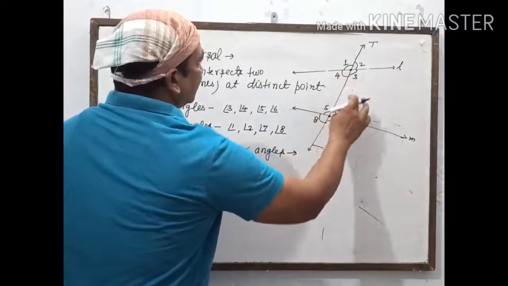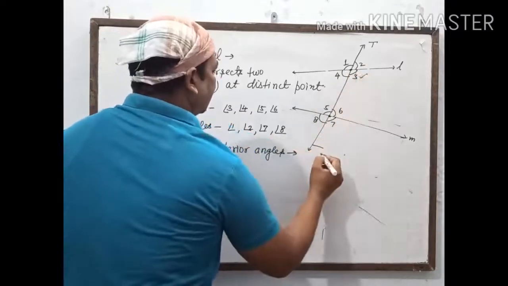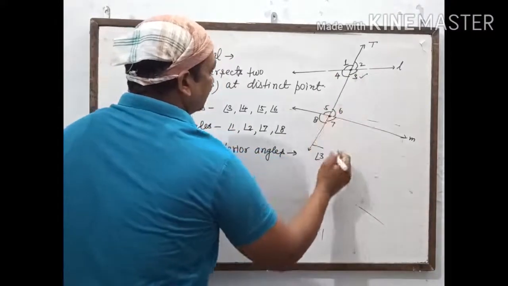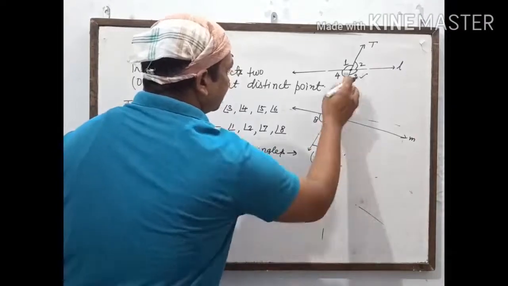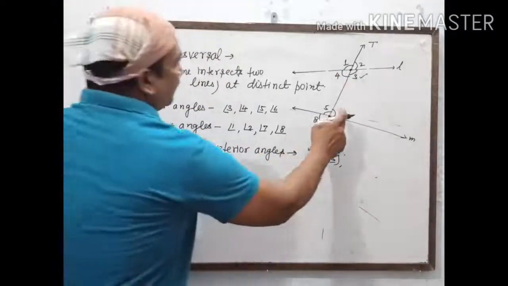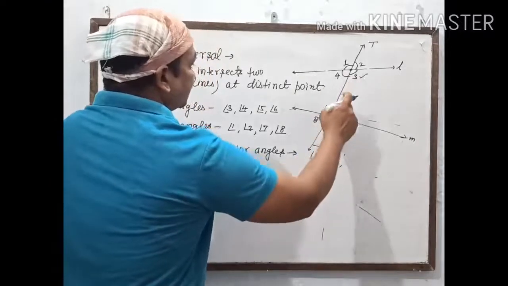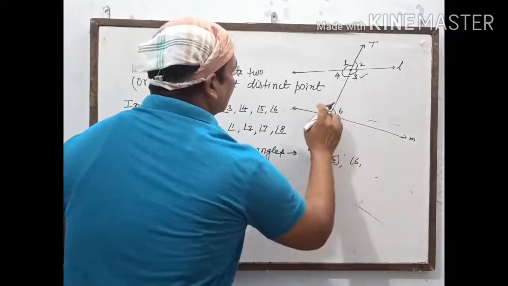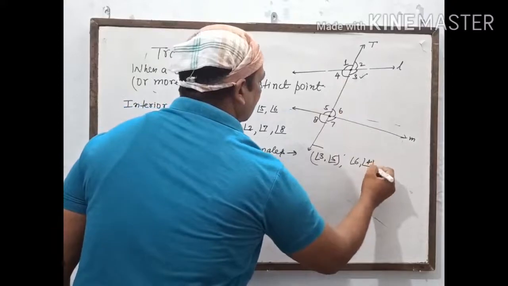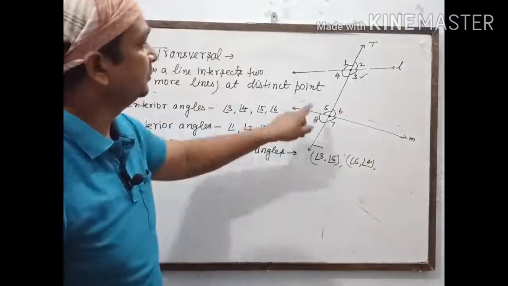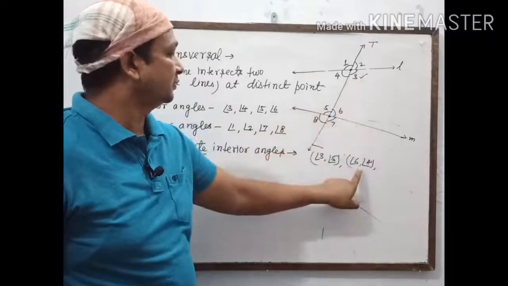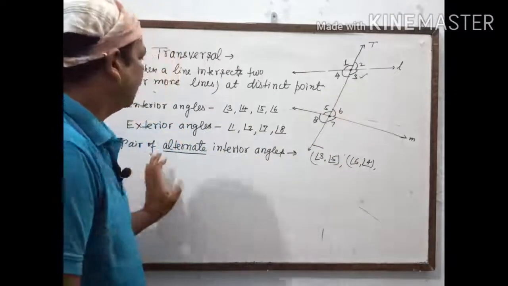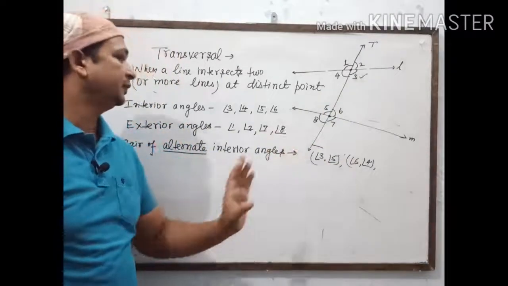If we start from 3, then the pair of angle 3 is, leaving 6, angle 5, according to this figure. If we start from 6, we have to count only in interior angles: angle 6, leaving 5, angle 4. If we start from 4, leaving 6, the same angle 3. Then we find only 2 pairs of alternate interior angles.